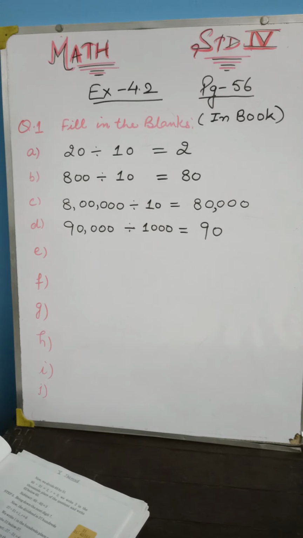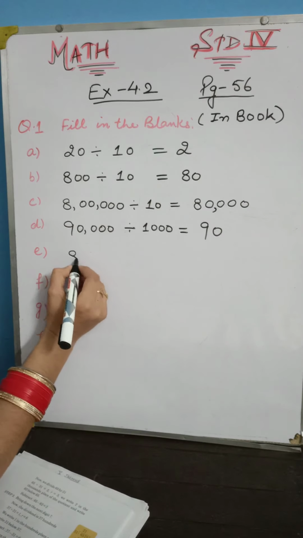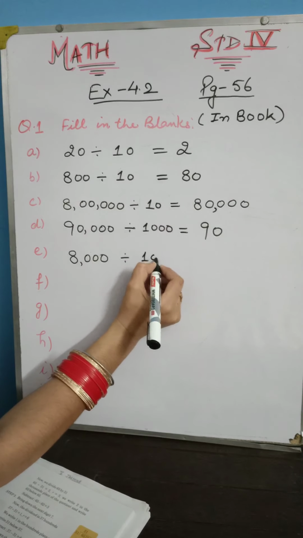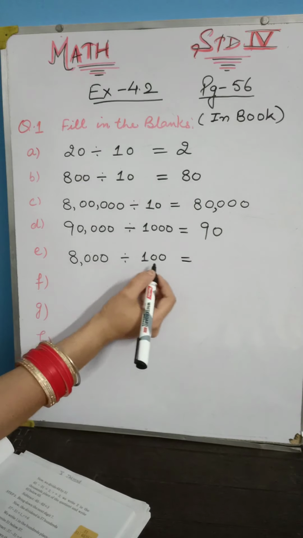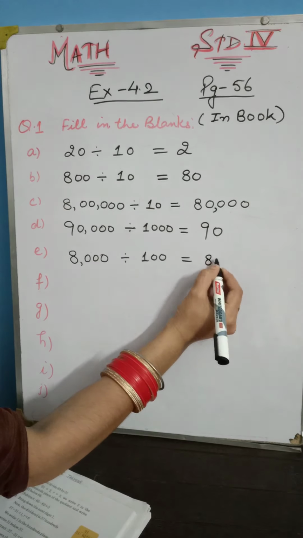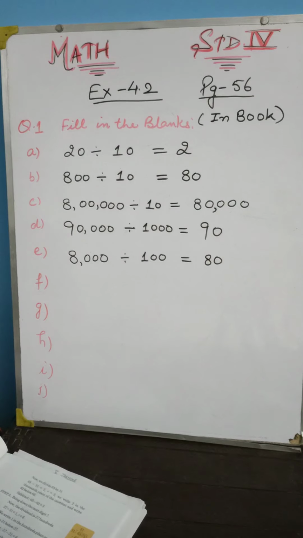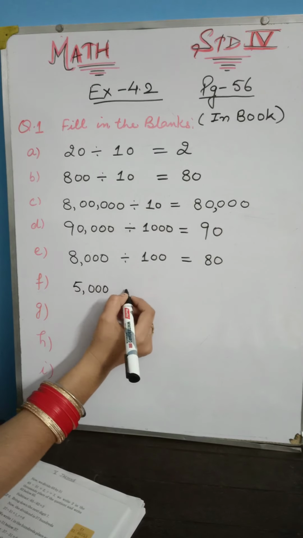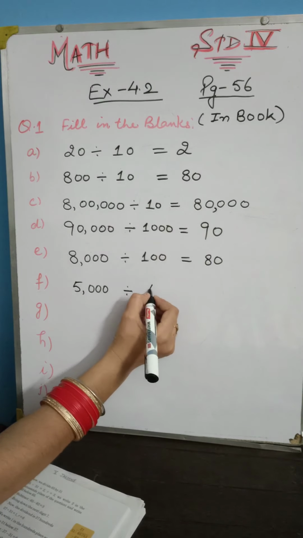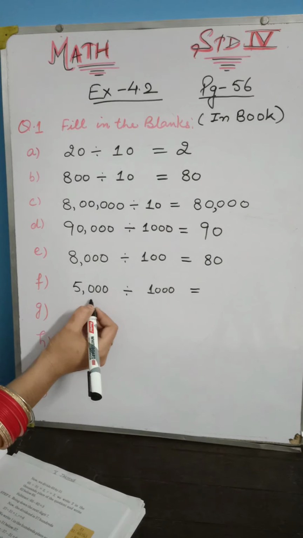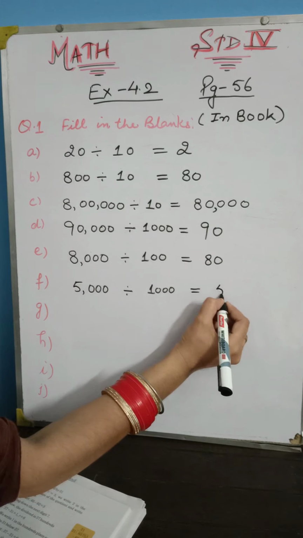Next come to part number H. 8,000 divided with 100. 100 double zero and double zero will cancel out. What is left? 80. Next part M, 5000 divided with 1000. 3 zeros, 3 zeros. We'll cancel out. What is left? 5.